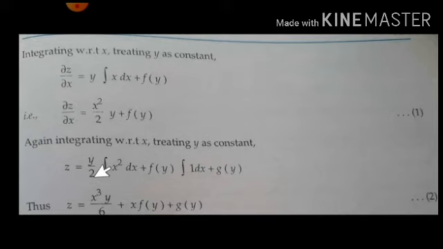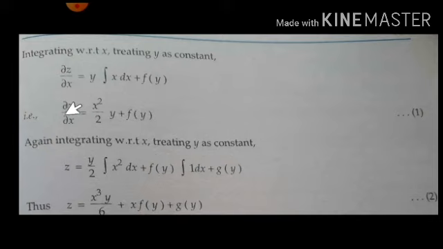So y/2 is constant, integral of x² dx; f(y) is constant, integral of dx; plus the constant of integration, which is now g(y). Again y itself is treated as constant, so some function of y will be the second constant of integration.